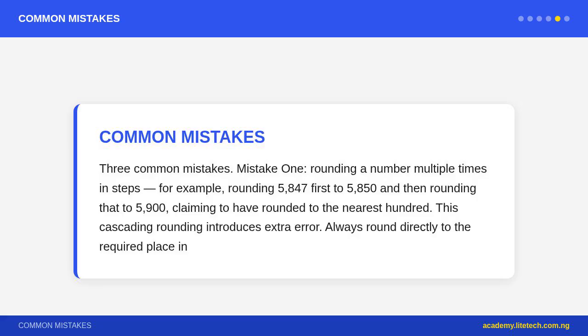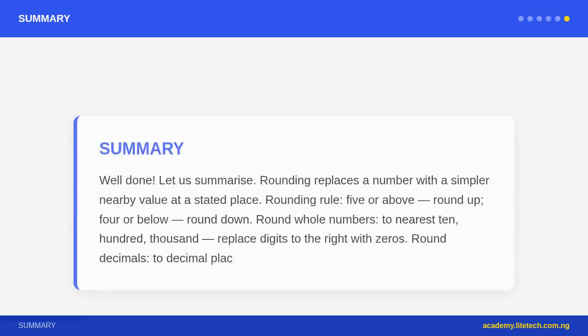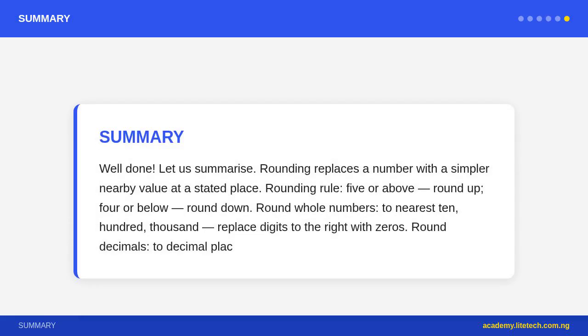Mistake 2, dropping the decimal zeros at the end when they are meaningful. 12.50 to 2 decimal places must be written as 12.50, not 12.5, because the question specifies 2 decimal places. Mistake 3, rounding all intermediate results in a multi-step calculation. Keep full precision during working and round only the final answer.